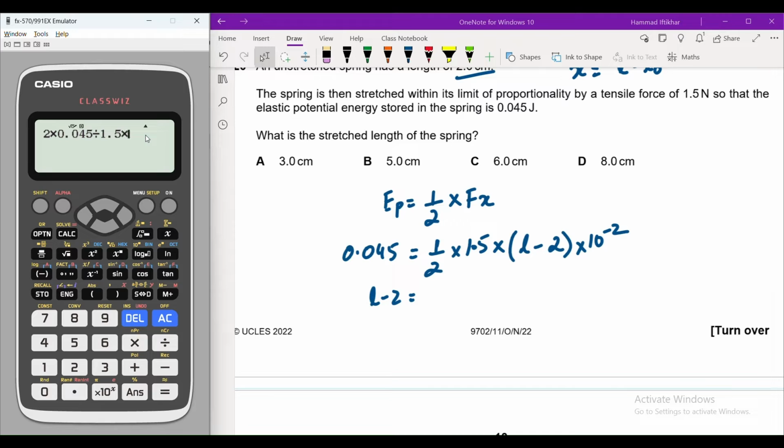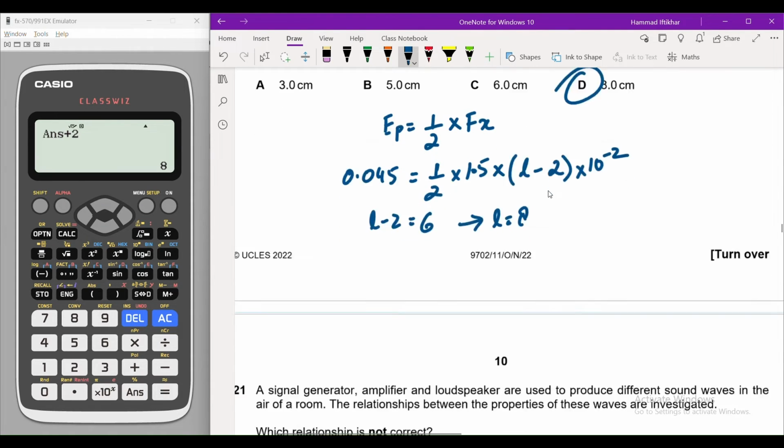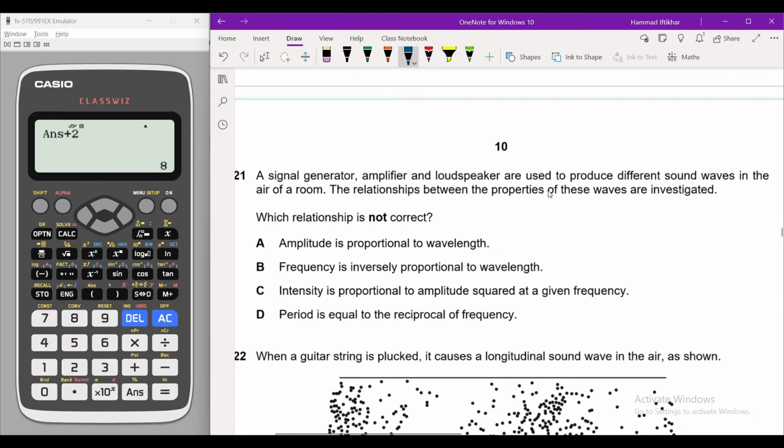Sorry, times 100. 2 times 0.05 divided by 1.5 times 100, that is 6. And then 6 plus 2, that is 8. 8 centimeters.